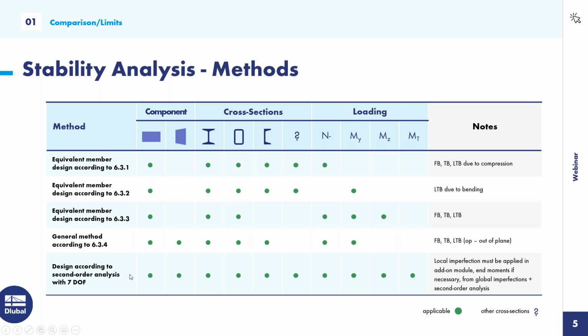And the fifth line, design according to second order analysis with 7 degrees of freedom.